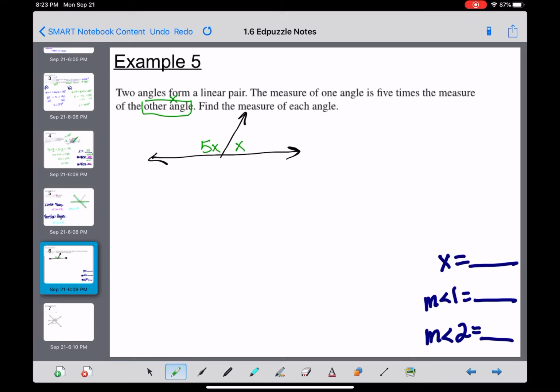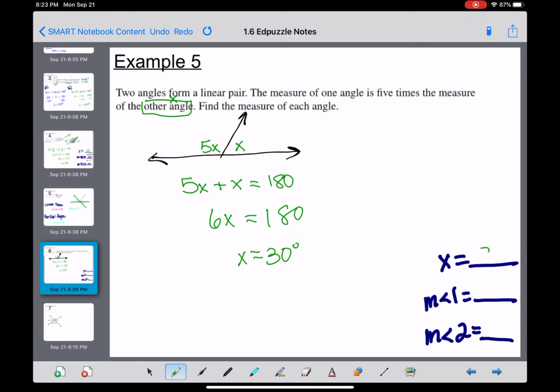So now I'm going to use my angle addition postulate. The sum of my two individual angles equals 180 degrees because a linear pair is supplementary. Then I'm going to use my algebraic skills to solve. Combine like terms, divide by 6, and x is 30 degrees.